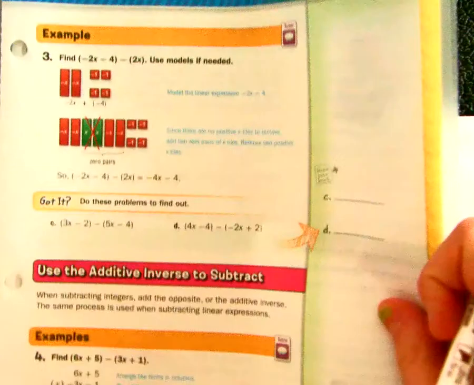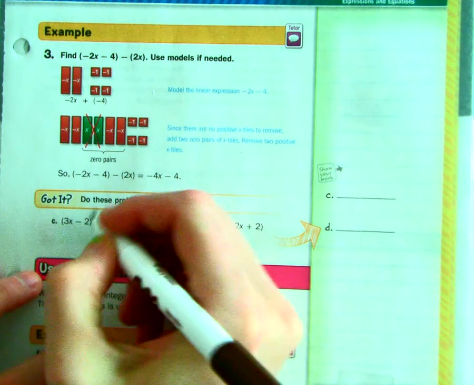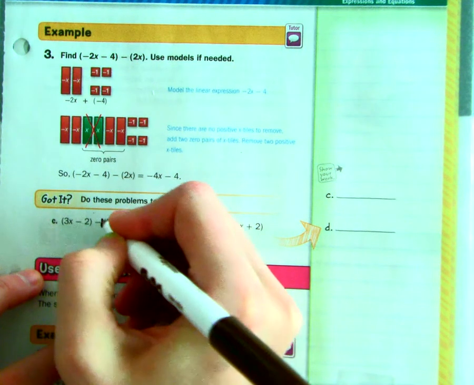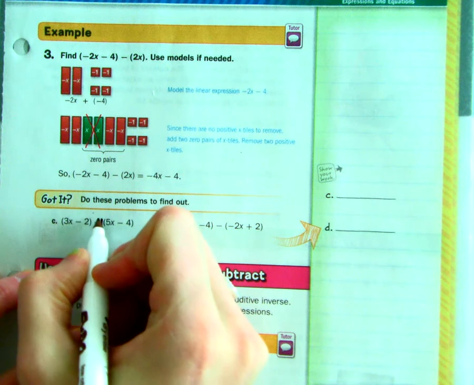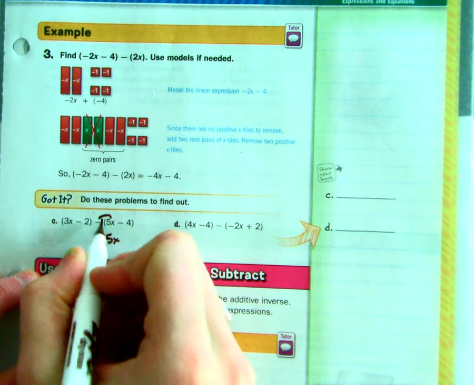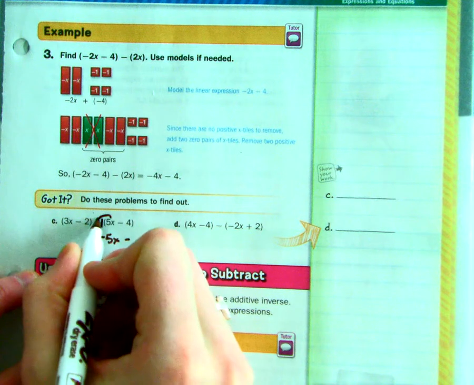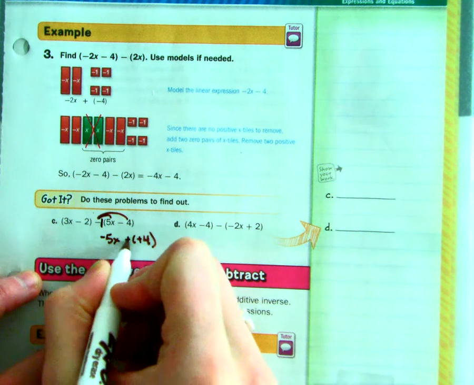Letter C, we have the quantity 3x minus 2 minus the quantity 5x minus 4. So, again, I'm going to add the opposite. Another way of thinking of adding the opposite is if I put a negative 1 out here, I can distribute that negative 1 to everything inside those parentheses. So if I take negative 1 times 5x, I now have negative 5x minus negative 1 times 4, which would be negative 4, and we know double negatives are positives.